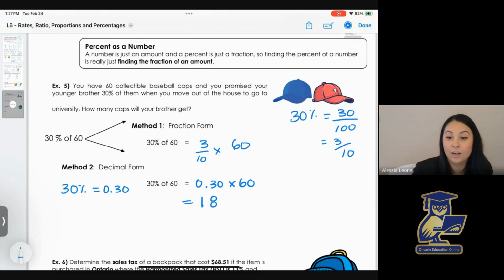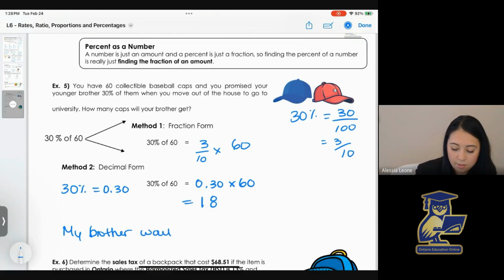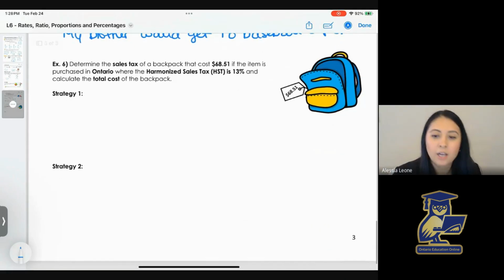So what is our answer? Our answer is 18. My brother would get 18 baseball caps.